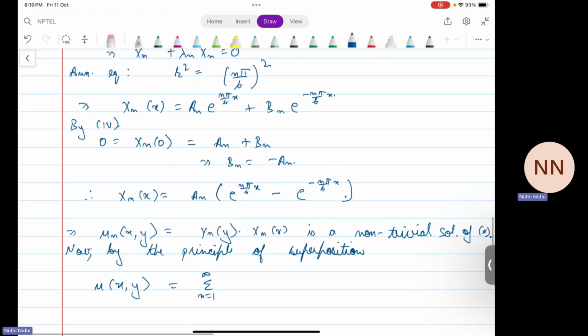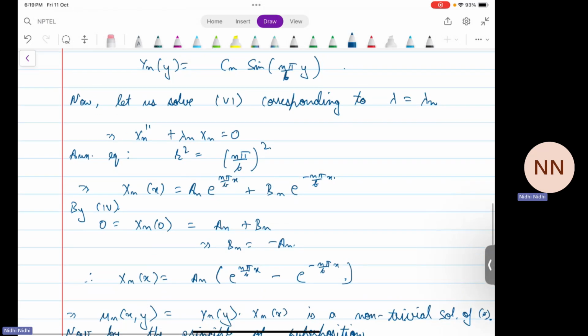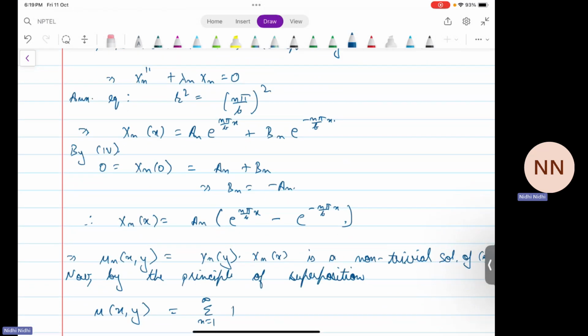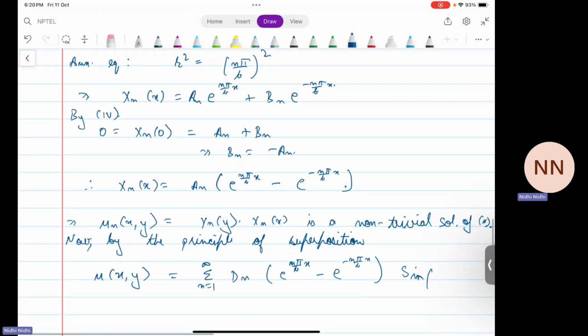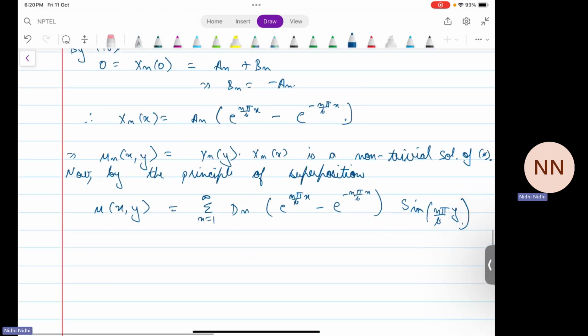I'll just combine all the coefficients and write it as some other dn times e to the power n pi by b x minus e to the power minus n pi by b x times sine n pi by b y. If you remember the definition of hyperbolic functions, we can write it as summation n from 1 to infinity 2 dn sine hyperbolic n pi by b x times sine n pi by b y.